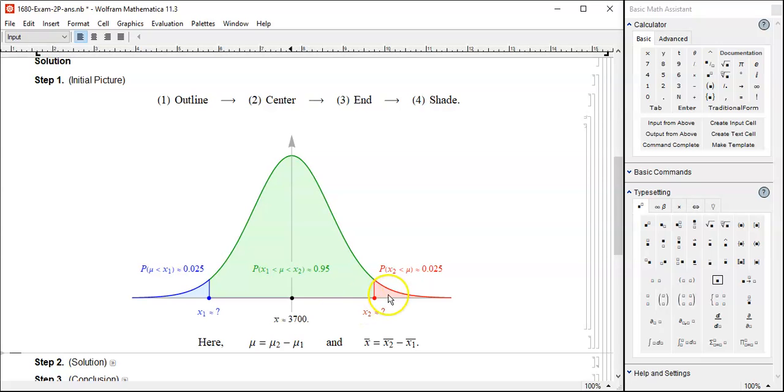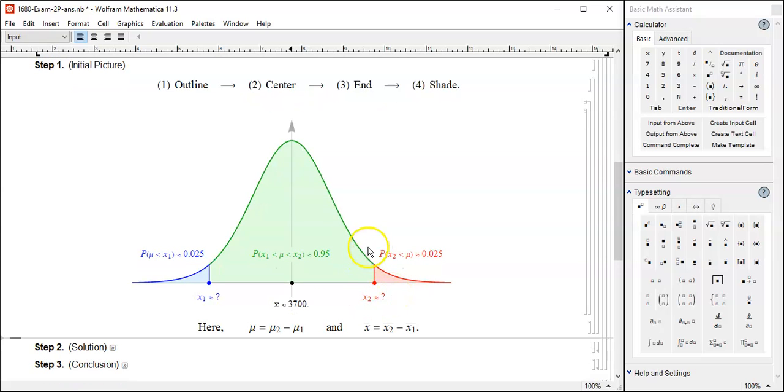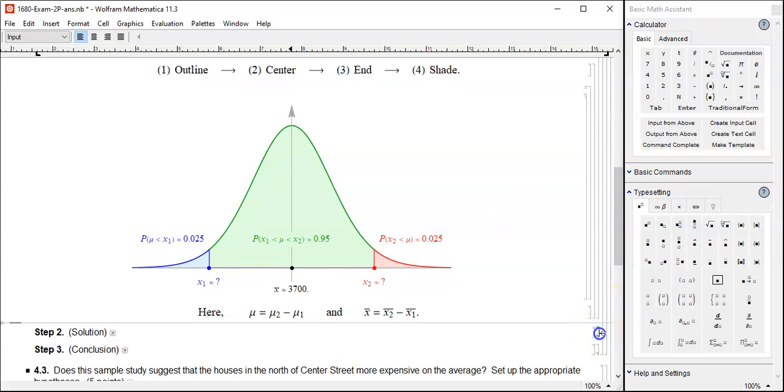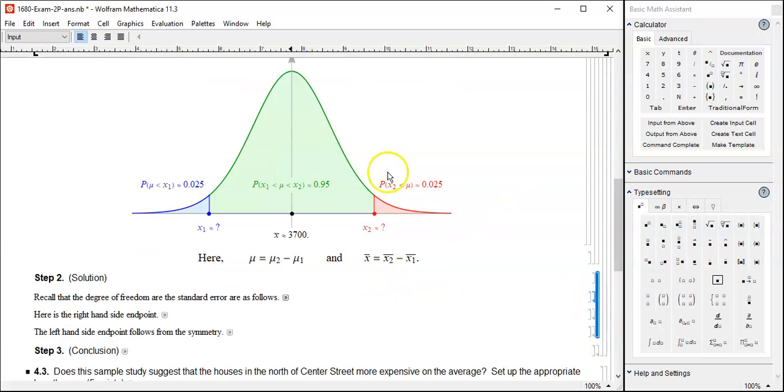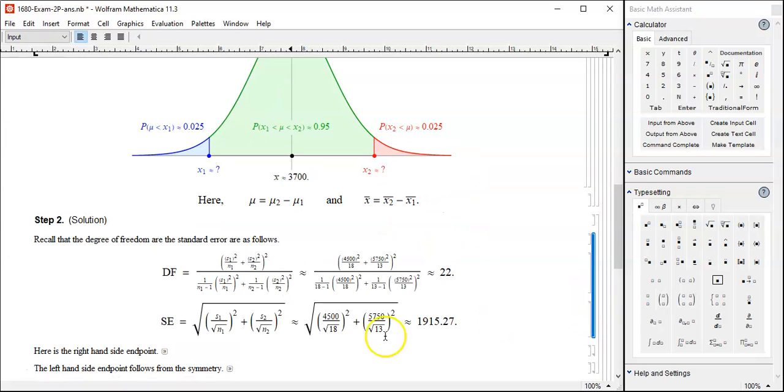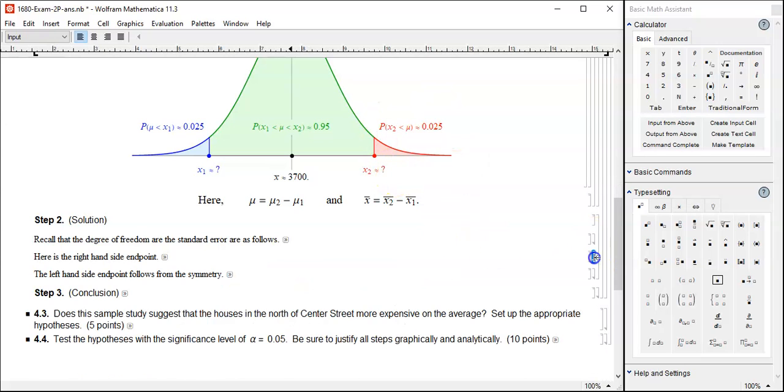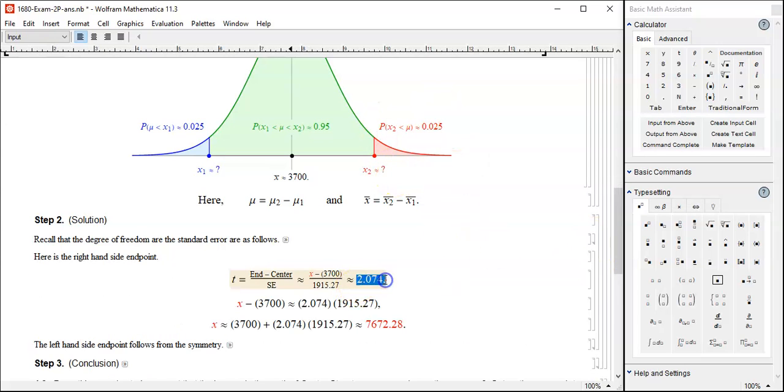Okay, how do you find it? Well, this is a T problem, so let's go from the right. End minus center over SE is going to be the T statistic. And the T statistic that we want for 2.5% here, by the way, we just discussed it, for 2.5% there, you're going to get 2.074.